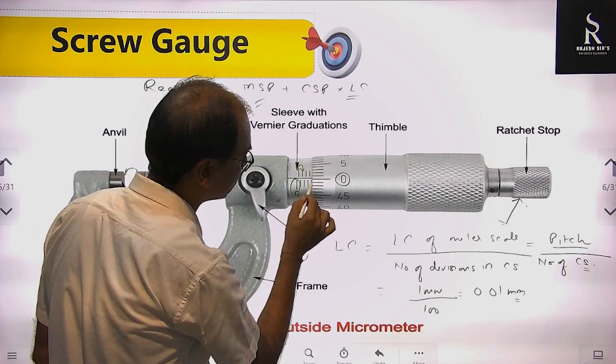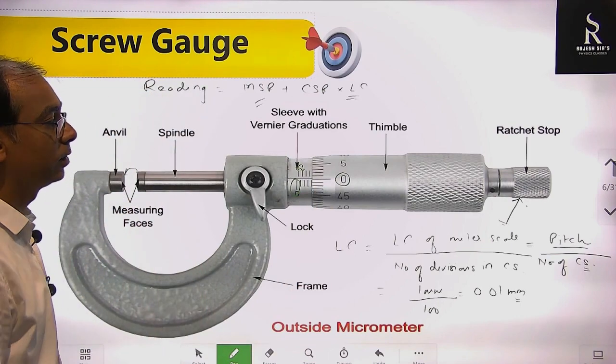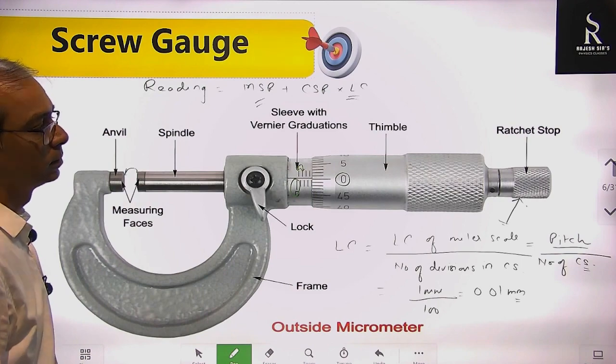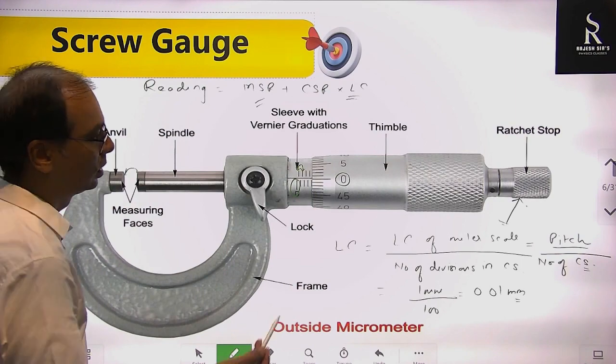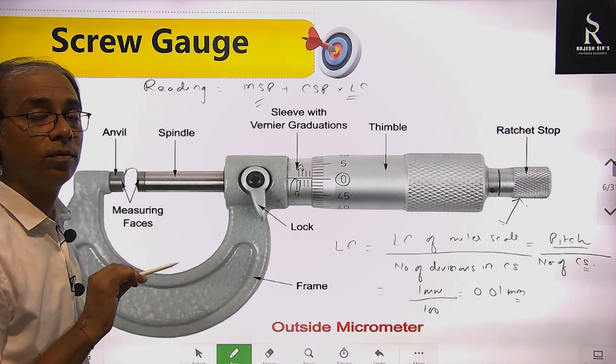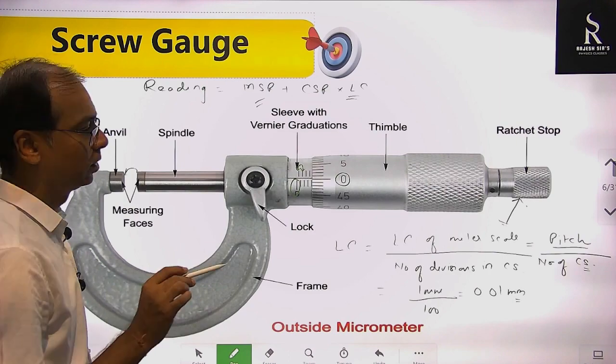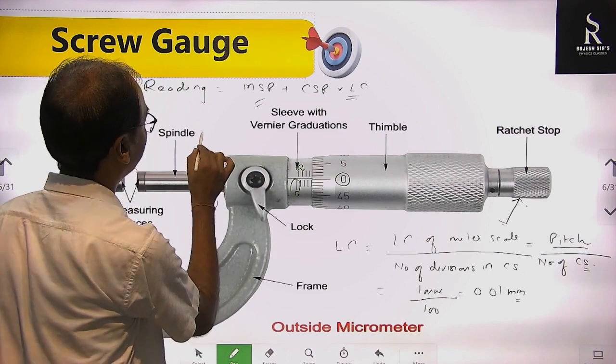We are not able to see here because that's also in the middle. So the reading is 4 plus, main scale reading is 4.